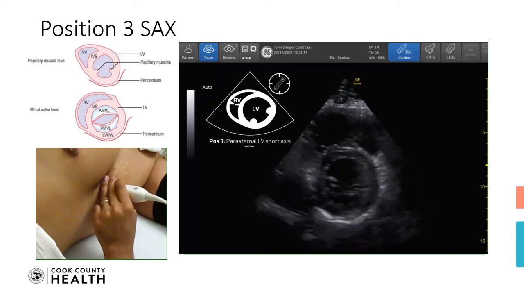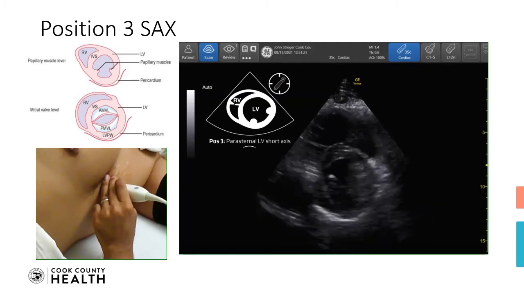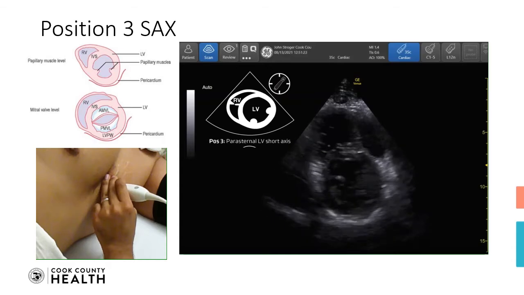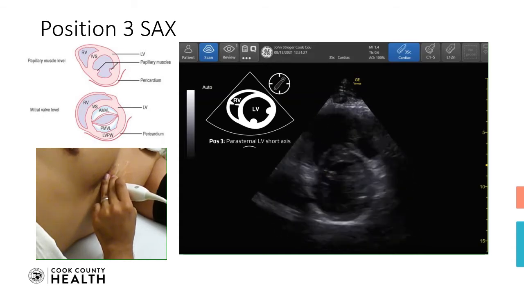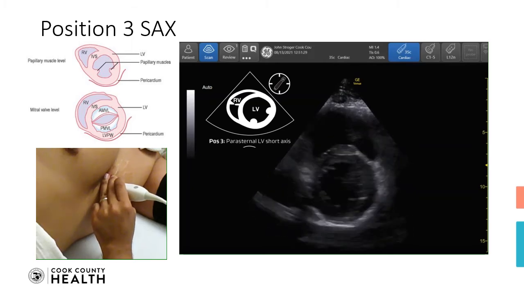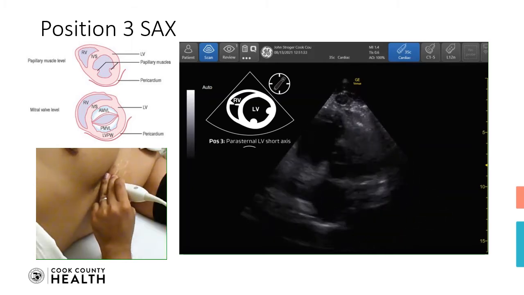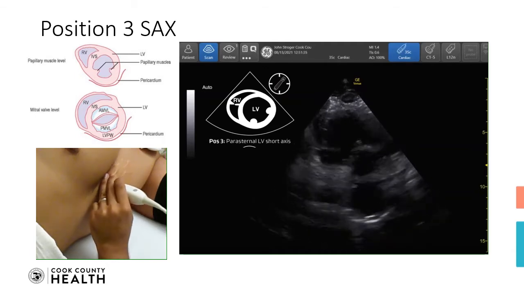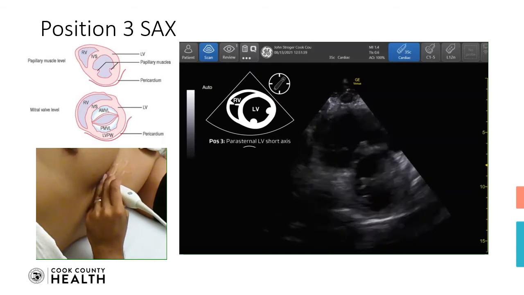At the same image, when we scan with the probe angle tilted, we are going to get different views. Here again, when you tilt the probe in the plane of the probe like this, it's going to cause a rocking motion of the image.